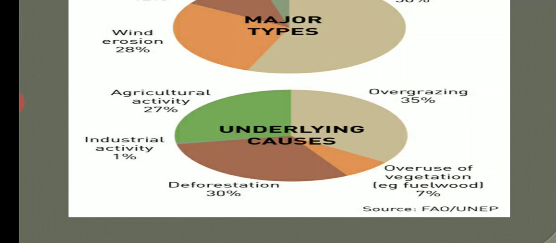One more is mining activity, where land degradation happens in much the same way as in the case of industries.